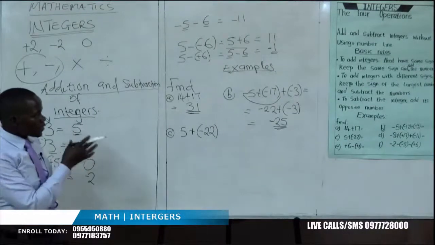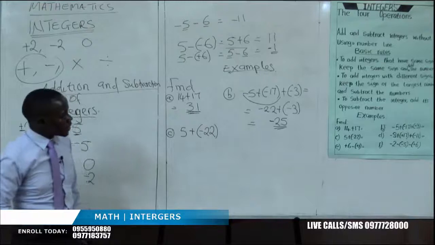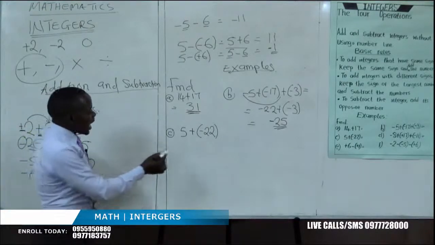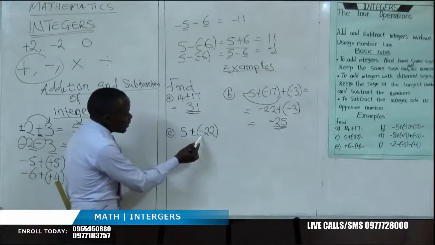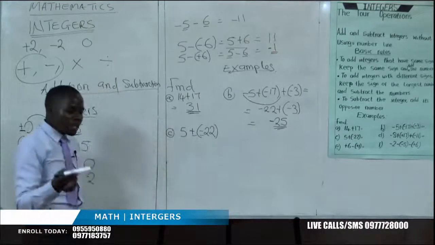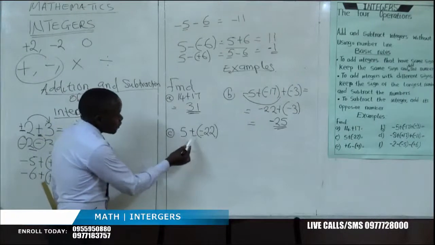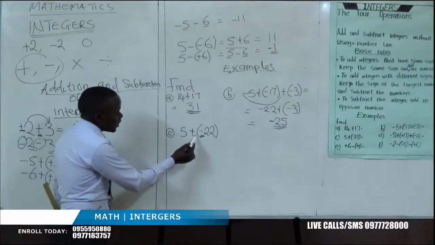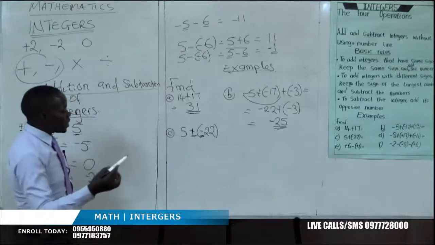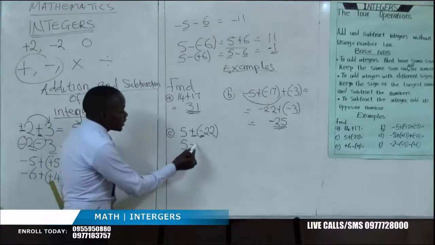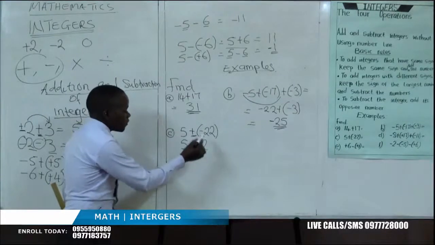The last part, when I was explaining the basic rules there, I said, remember when you have got unlike signs here, results to negative. So, since you have got positive here and you have got negative here, meaning that you are going to have negative. So, it will be 5 minus 22.